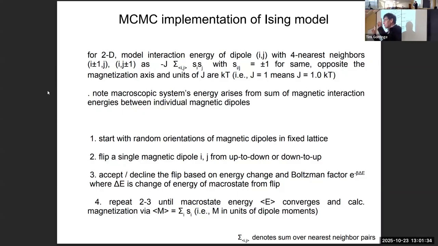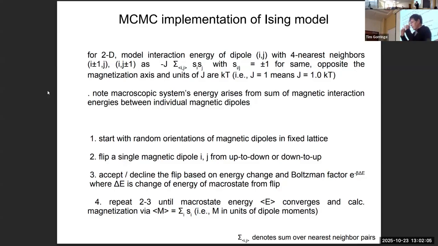S is just an integer to indicate whether the spin, or the dipole moment, is up or down. The product of Si and Sj is just the product of the spin up or spin down, the +1 or the -1, for the dipole that we're considering and one of its nearest neighbors.